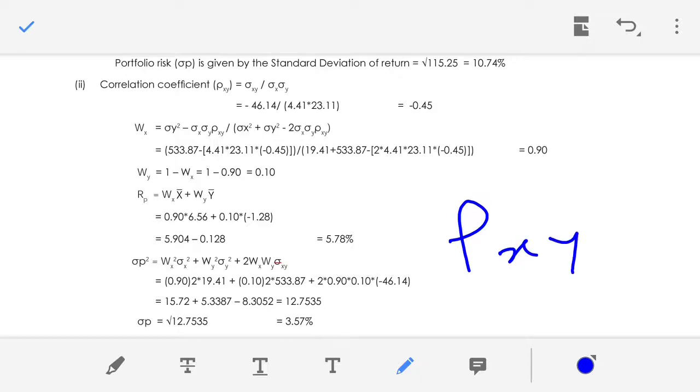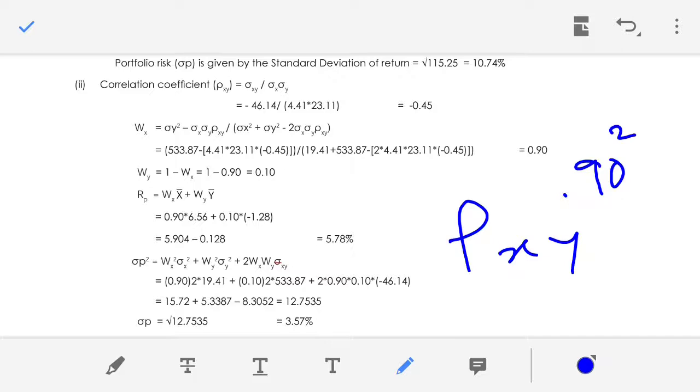So we need to substitute values. Weight x square is 0.90 square. Here also the value is represented incorrectly. The 2 should be at the upper portion, right? They give it here as into, that should be like 0.90 square. Okay, 0.90 square into sigma x square value 19.41 plus 0.10 square, it is not into 2.